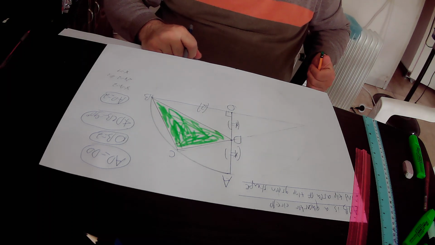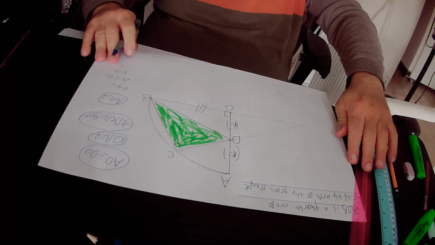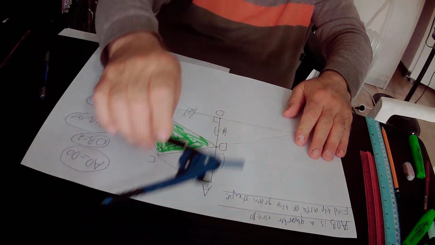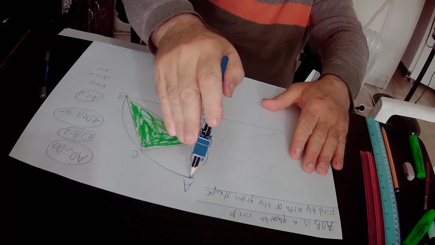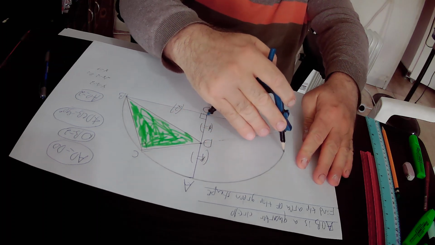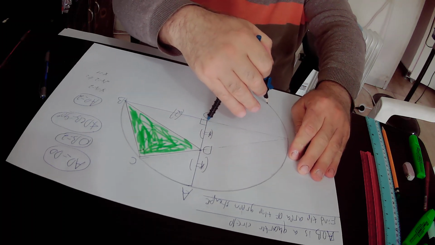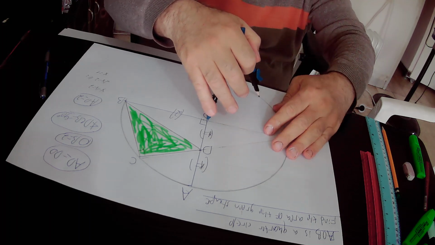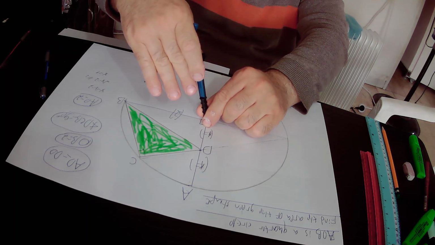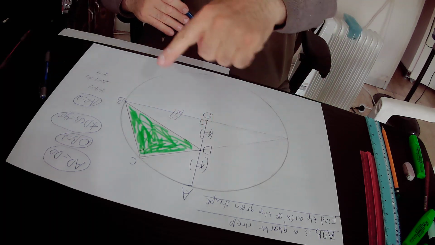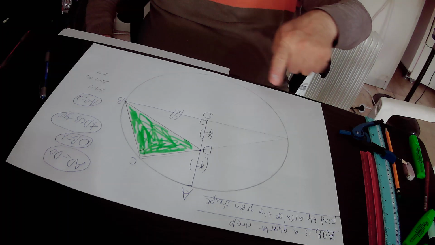In the next step, we will complete this quarter circle to a circle, and we'll extend the radius BO by a straight line until it touches the circle.